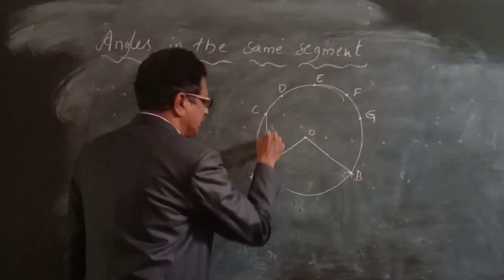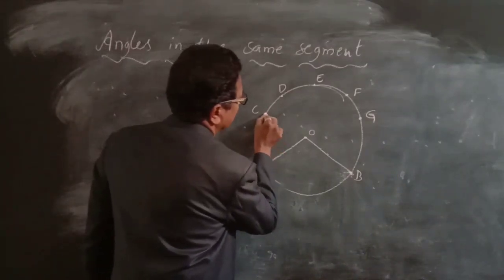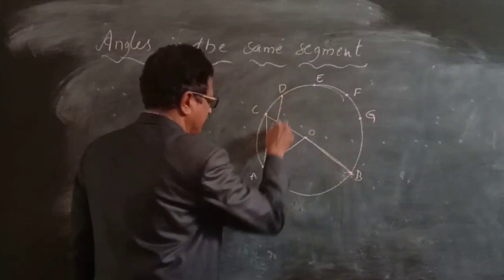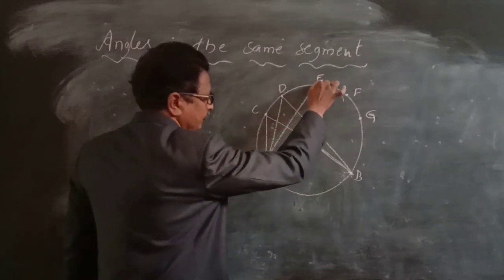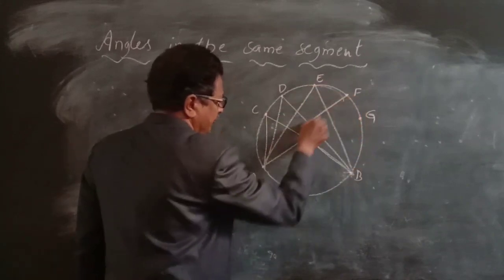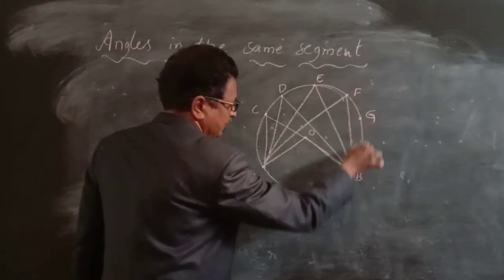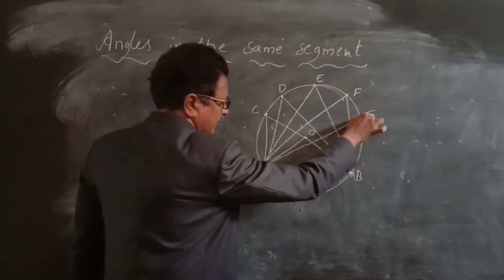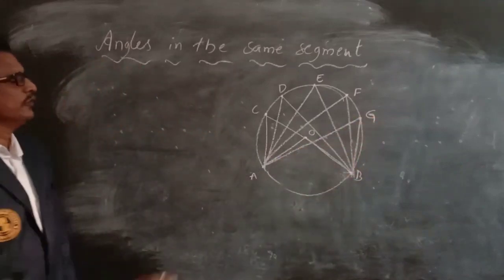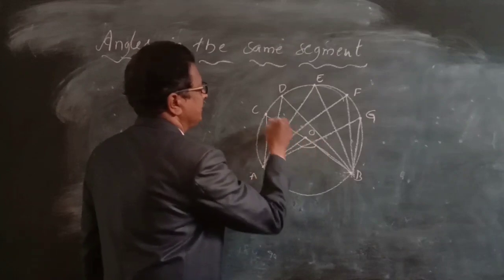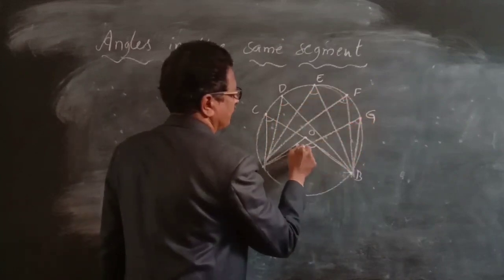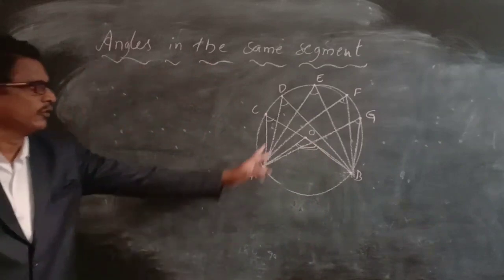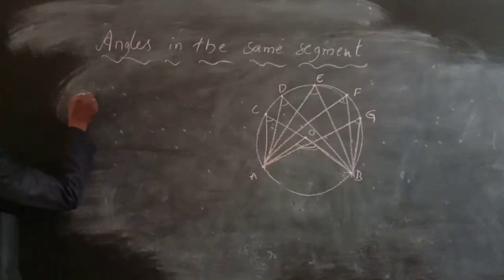Then join these points to A and B. These are the angles. This is the center. So what is it here?